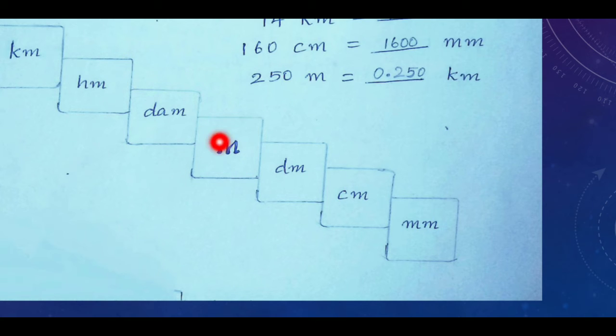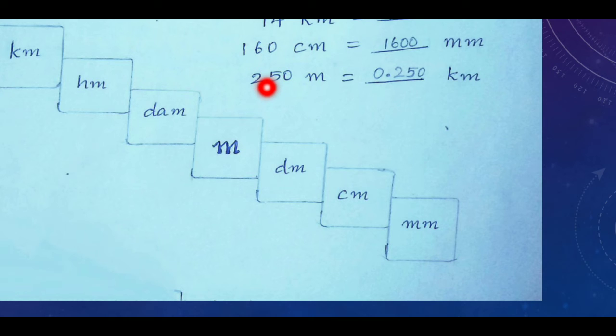Write 250 meter. Write 250 in meter box, just below meter. We have to move 3 steps. So start behind 0, 1 decimal point.